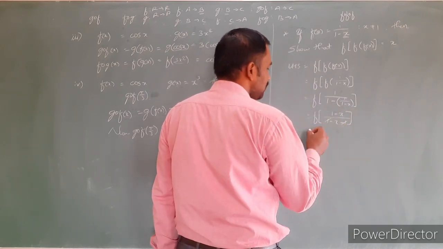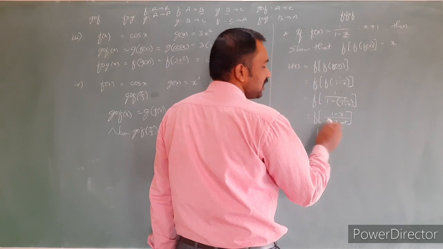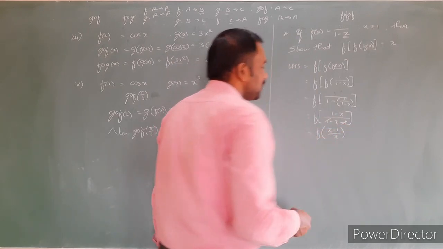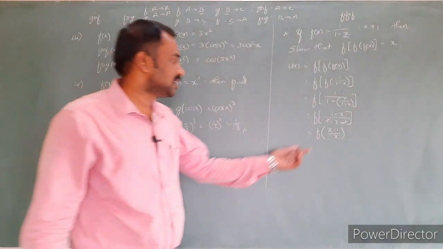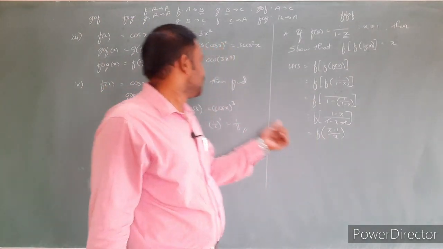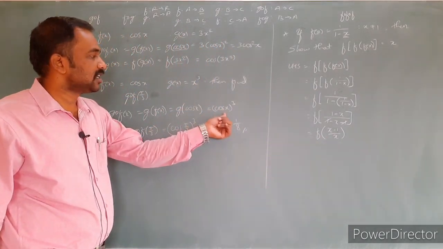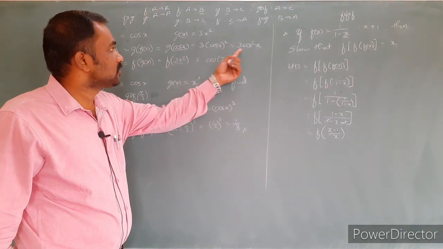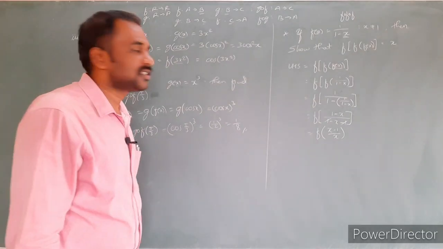Here it is plus 1, minus 1 gets cancelled, minus x is left, then x minus 1 divided by x, the simplified form. Earlier we simplified in the same way, for example cos of x whole cube, cos cube of x, and cos of x whole square, cos square x. In the same way just simplify.